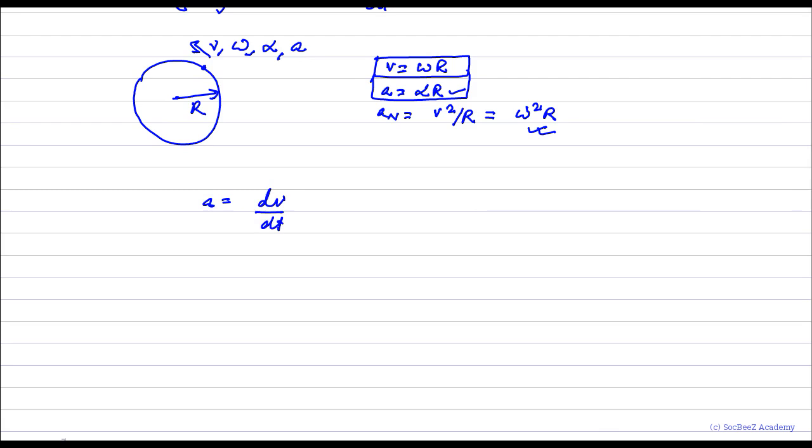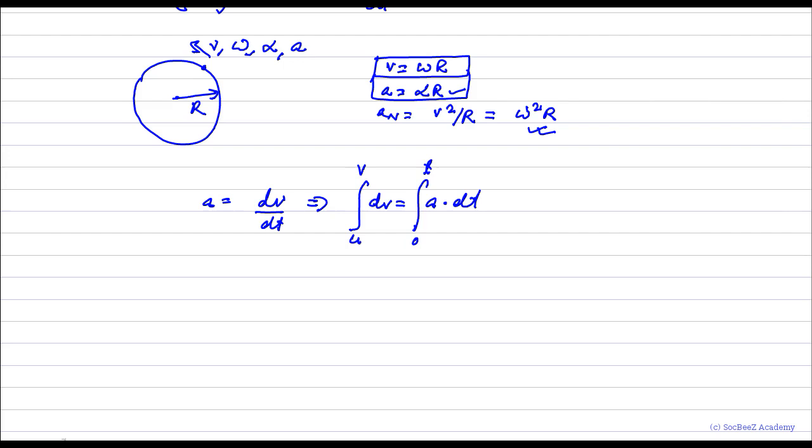So if I simplify it, this would imply dv equals a into dt. If I integrate on both the sides, time is going to be from 0 to t, and let's say the body had an initial velocity of u and a final velocity of v.